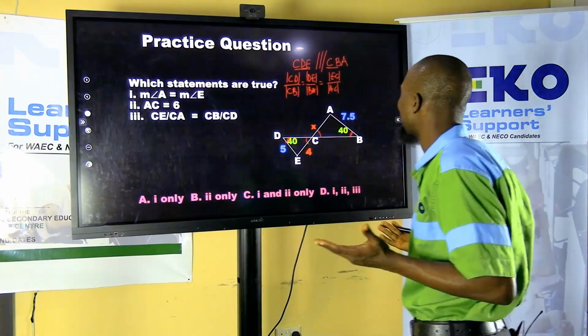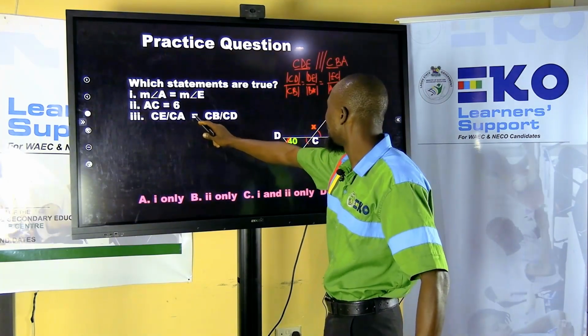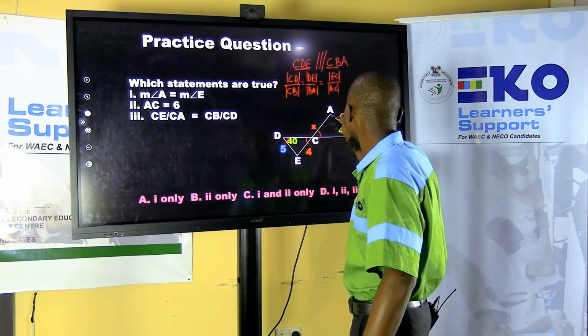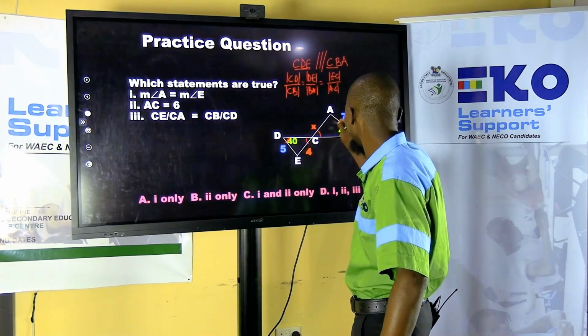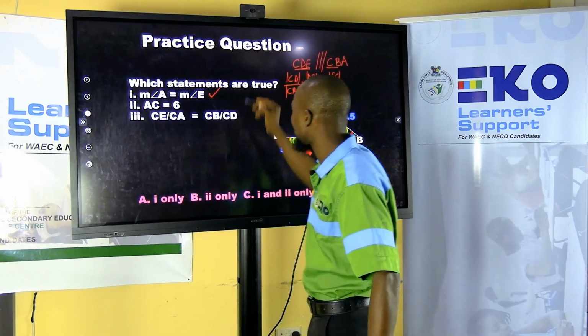Okay, so let's look at that. Angle A equals E, correct? Angle A is equal to E, yes. Since these two are the same, this is correct.